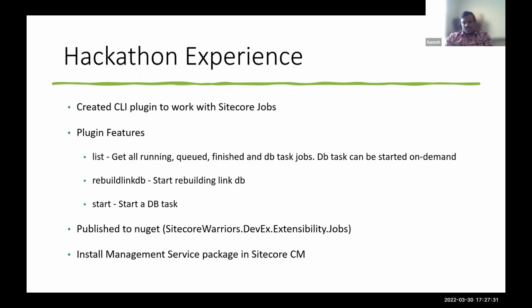But as we mentioned before, you need to install the management service package, which is available in our GitHub, on your CM server. It has the corresponding GraphQL commands for list, rebuild link DB, and start. Those are all configured in the Sitecore CM server, which you will connect to your project.